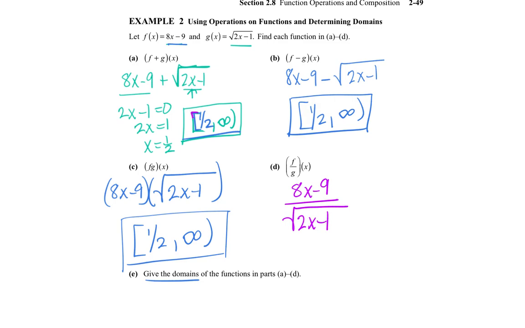That's why we're using these brackets on the 1/2s on all of these, because when I'm adding, subtracting, or multiplying, you can have a square root of 0 and get 0, but if I were to plug in that 1/2 now, that would give me a 0 in the denominator, and you cannot have a denominator that's 0. So now it's still 1/2 to infinity, but this time you use just plain parentheses for your domain, because you can't use the 1/2. If you use the 1/2, then that makes your problem undefined.